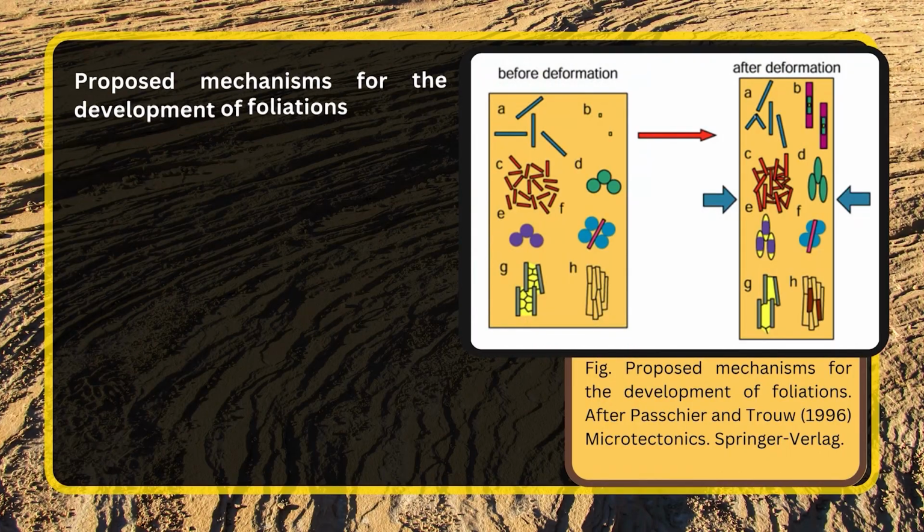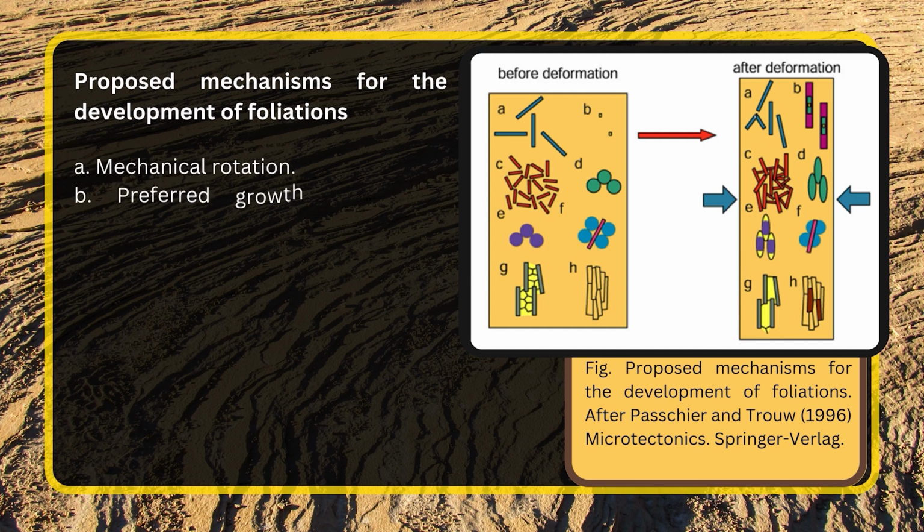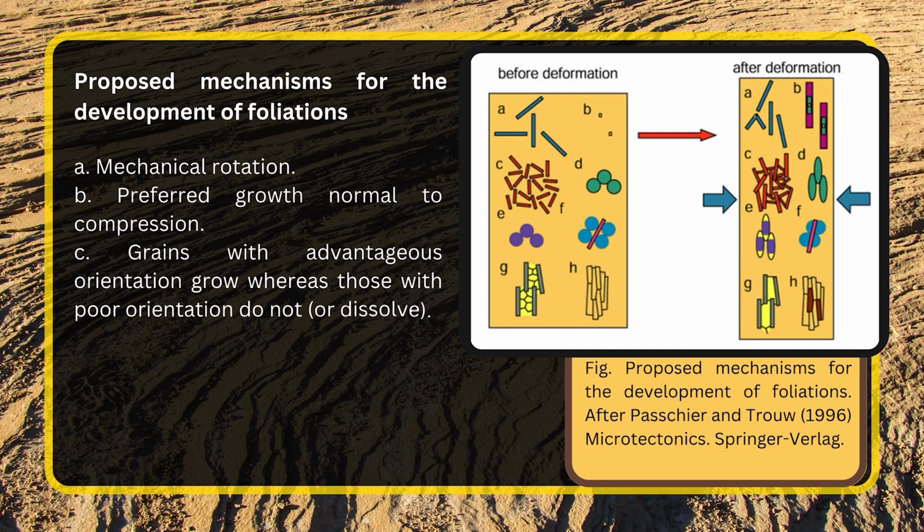Now, proposed mechanisms for the development of foliation. A, which is also shown in the figure on my left hand side, before deformation and after deformation. A, mechanical rotation. B shows preferred growth normal to compression.